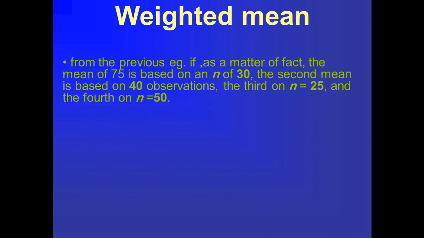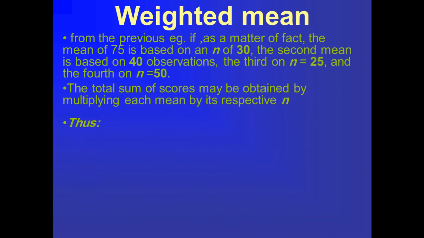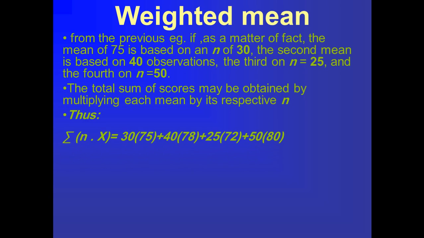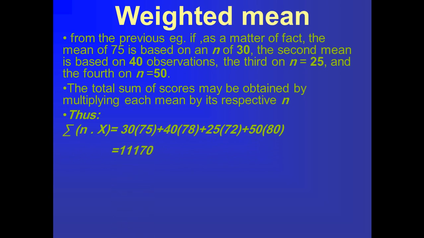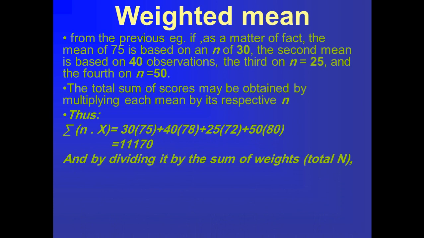Let us take a sample, as we said previously, from the previous example. Suppose that the mean of 75 is based on a number of students of 30, and the second mean is based on 40 observations, the third mean on 25 observations, and the fourth on 50 observations.